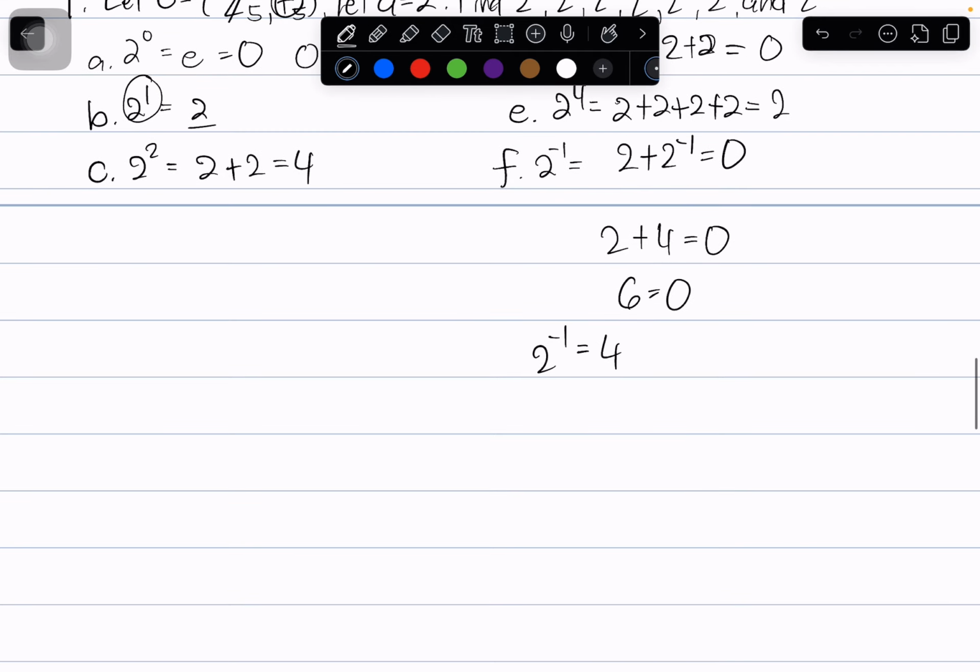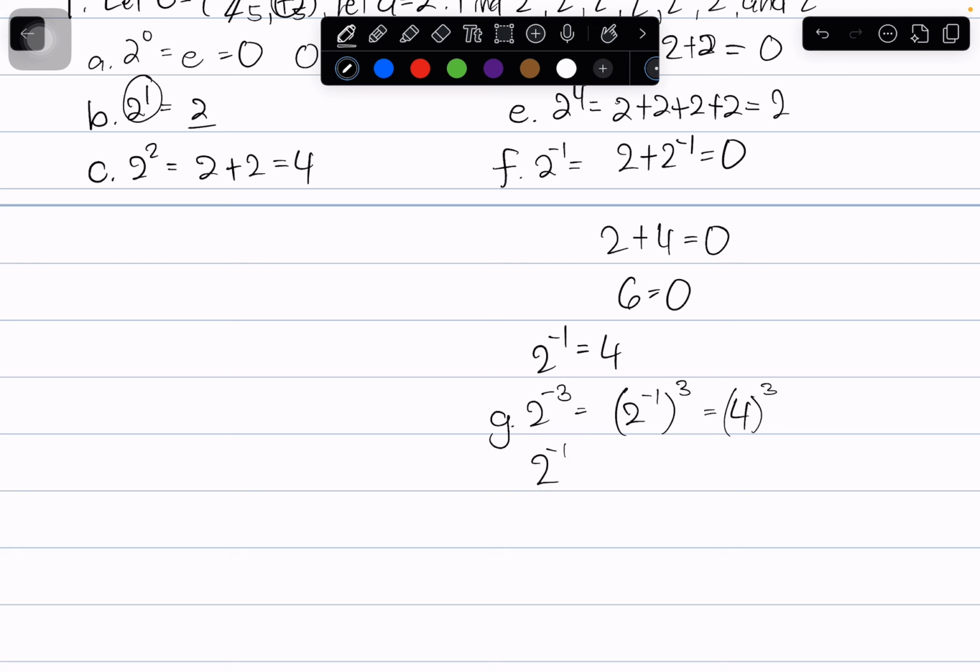Okay, so now we have 2 inverse 3. Let's try to find that. We can try to make this as 2 inverse 1, and then outside is 3. And we know that 2 inverse 1 is 4. So now we're going to map that to 3. Now we need to have 3 copies of 4.